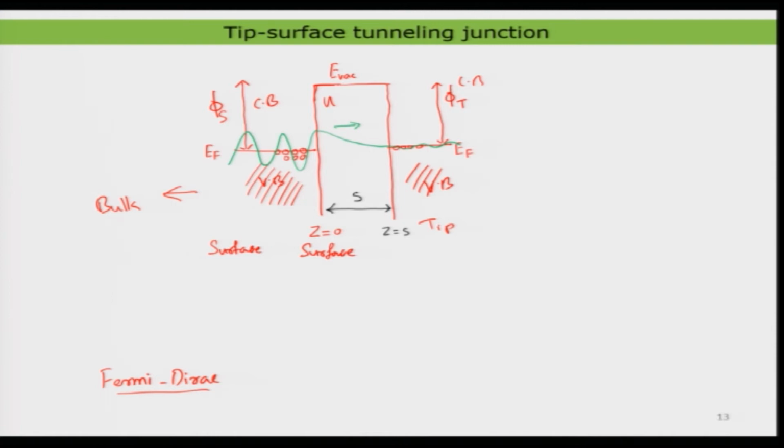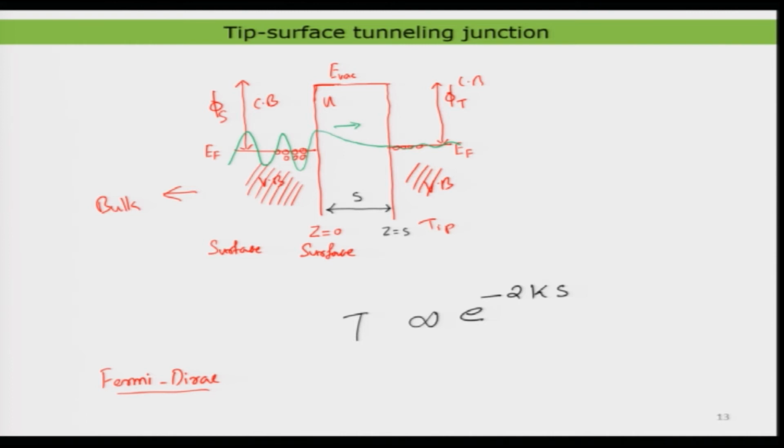That is dependent on something like e raised to minus 2 k s; you will see the details later. So the tunneling probability depends on k and s, where s is nothing but the distance, and k is known as a decay constant, which is strongly related to the energy of the electron and the barrier height.